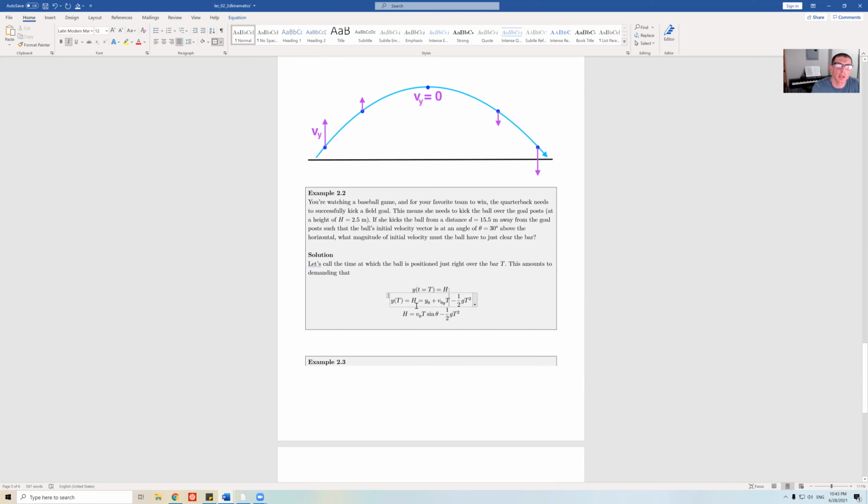We're kind of getting somewhere, right? Because we have this equation here, and there are two unknowns. There's the unknown that we care about, that we want to solve for, which is v initial, and then there's the other unknown, which is the time at which the ball is where we want it to be.